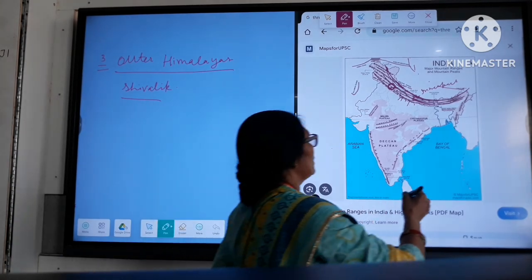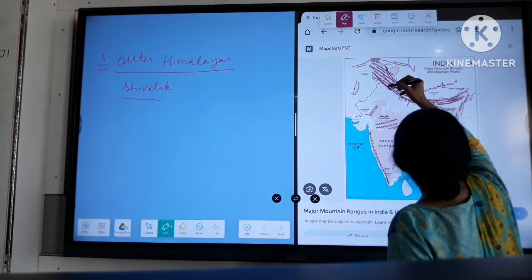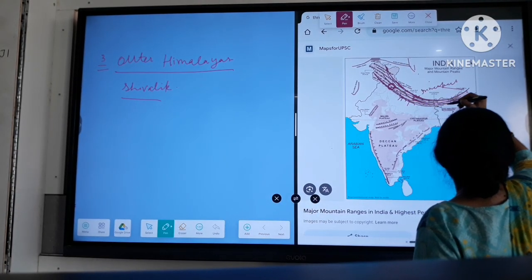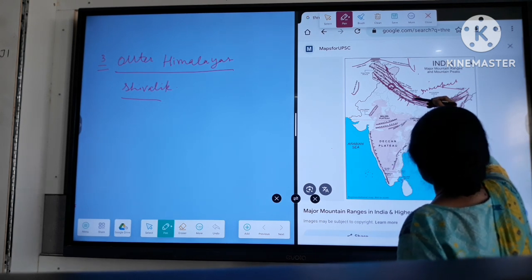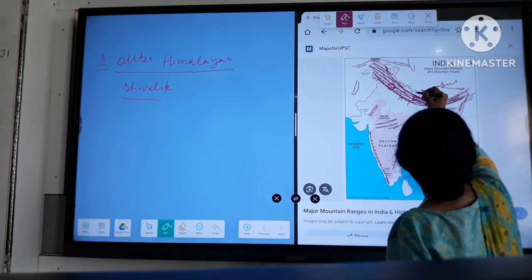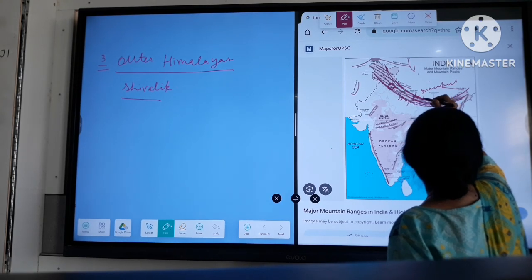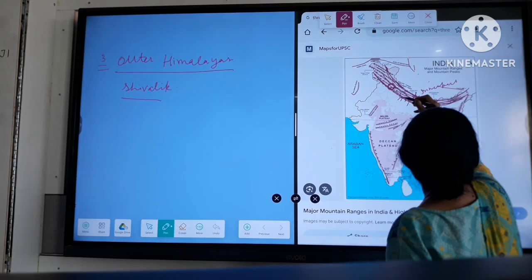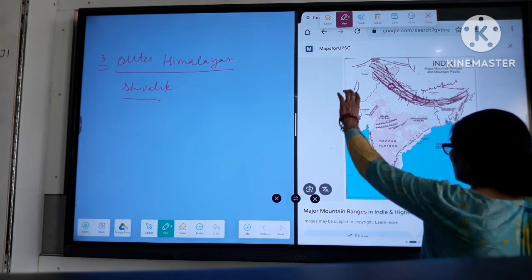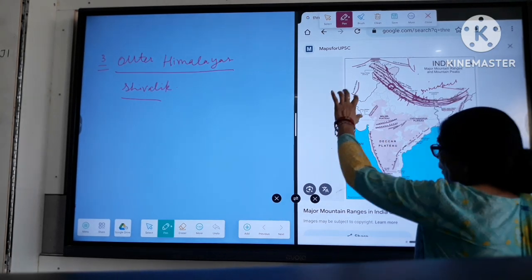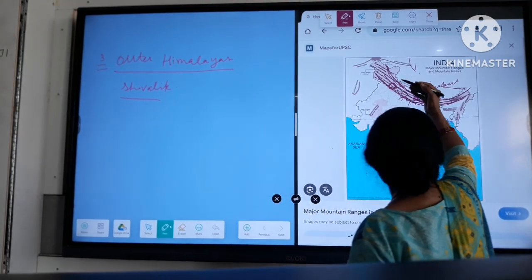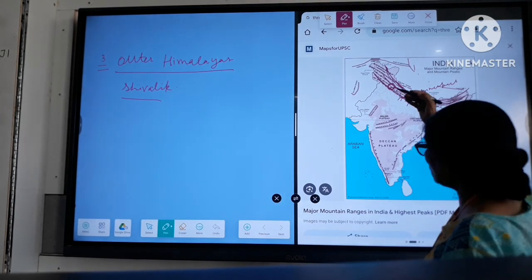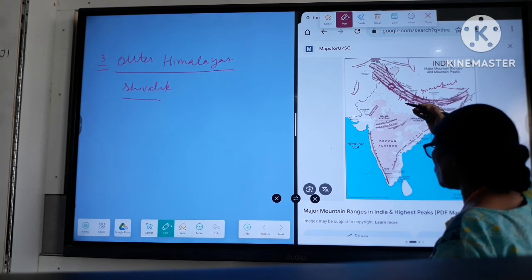This is the Shivalik range, the outermost range of the Himadri and the Himachal. This is the first range, Himadri. This is the second range, Himachal. This is the third range, Shivalik. These are the three ranges of the Himalaya mountains. It is the outermost range. This is outside, so it is called the outermost range.